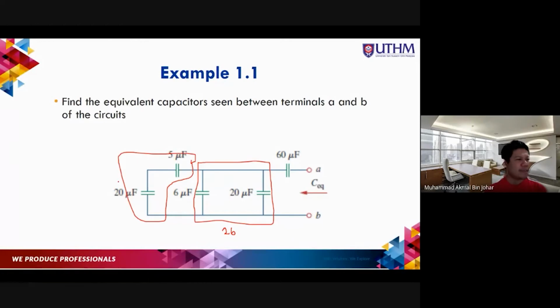So 20 dengan 5 you all kena simplify kan, and then baru tambahkan hasilnya kepada 26. And then akhirnya 60 terhadap hasil 26 campur ini barulah, kerana dia dah bersifat siri, baru you boleh katakan dapat satu nilai akhir iaitu 20 microfarad.